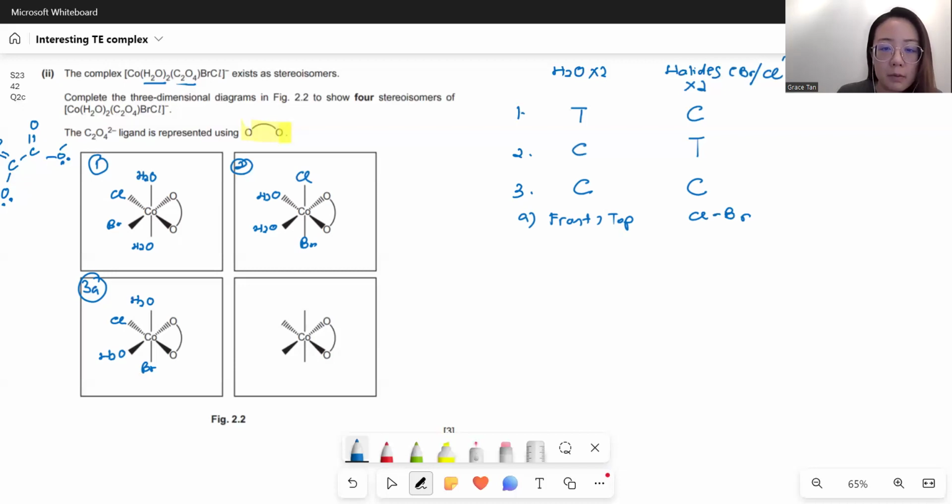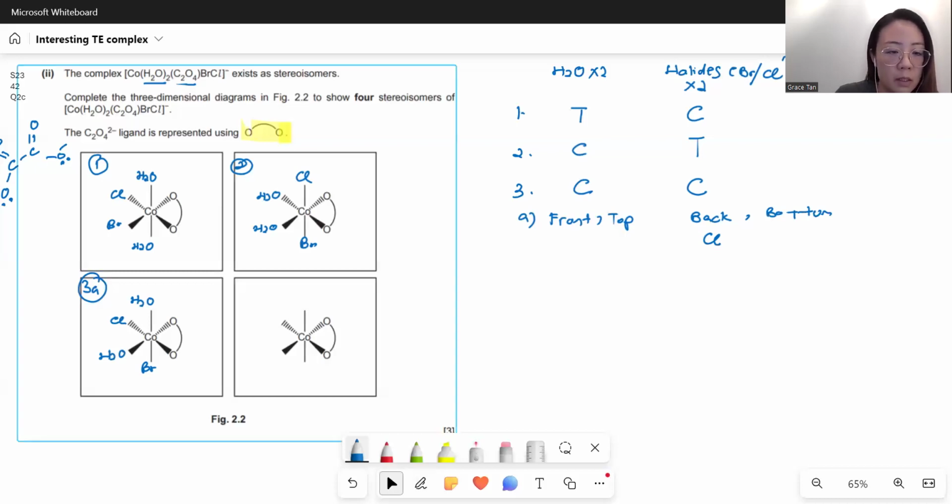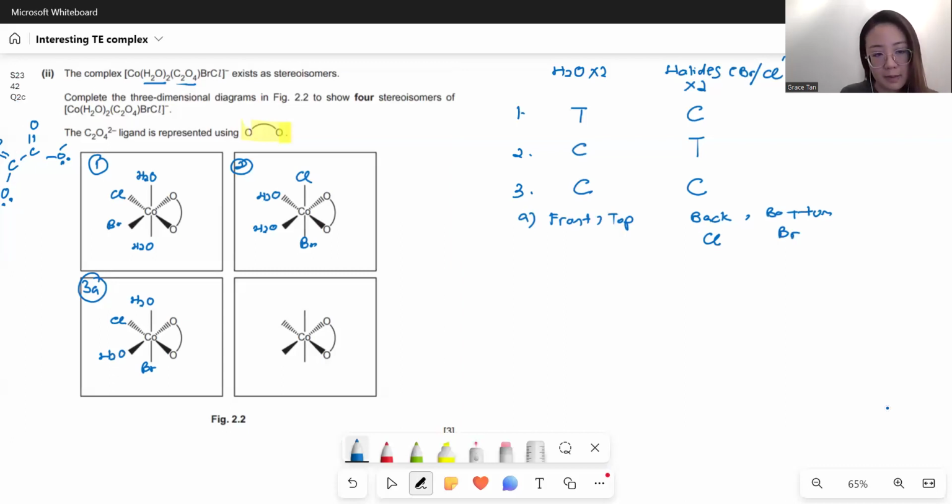Or maybe if you really want to, okay, fine, then we will make it a bit more detailed: the back pointing to the backstage and the bottom. So now the chlorine is pointing to the back. As you can see my cursor here, chlorine is pointing backwards, backstage, and the bromine now is bottom. Like this.